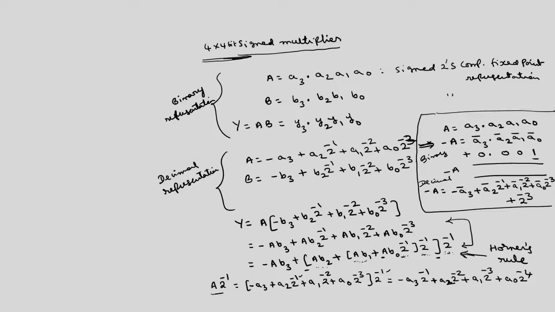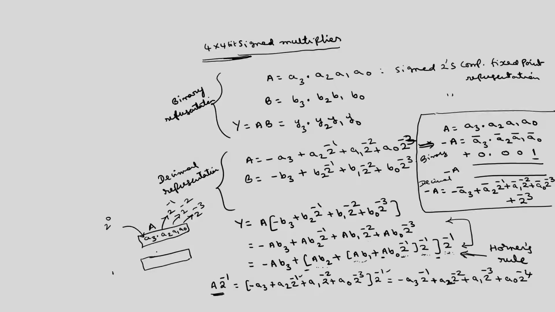But I want to store this A into 2 raised to the power of minus 1 in a 4-bit register only. This is A, I have stored in a 4-bit register. How do you store this A in a 4-bit register? A3 is the MSB bit followed by dot A2, A1, A0. The weight of the first is 2 raised to the power of 0, then 2 raised to the power of minus 1, 2 raised to the power of minus 2, and 2 raised to the power of minus 3.